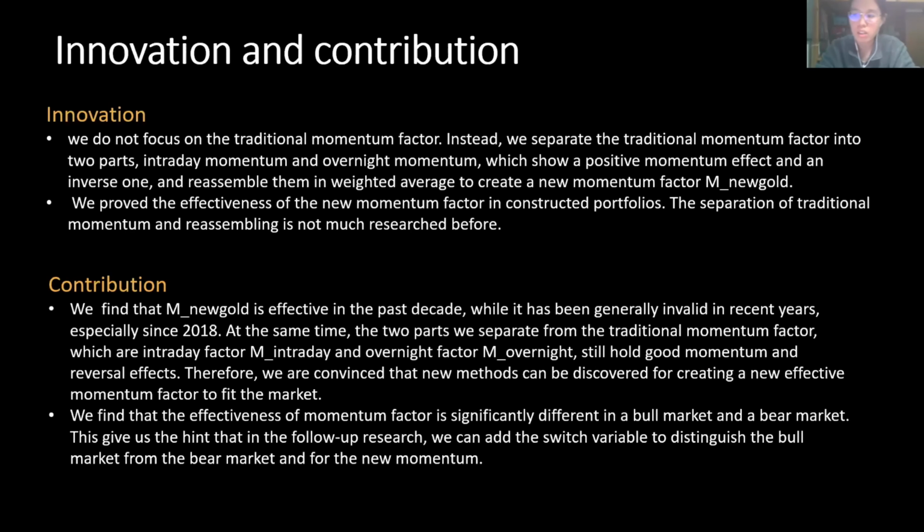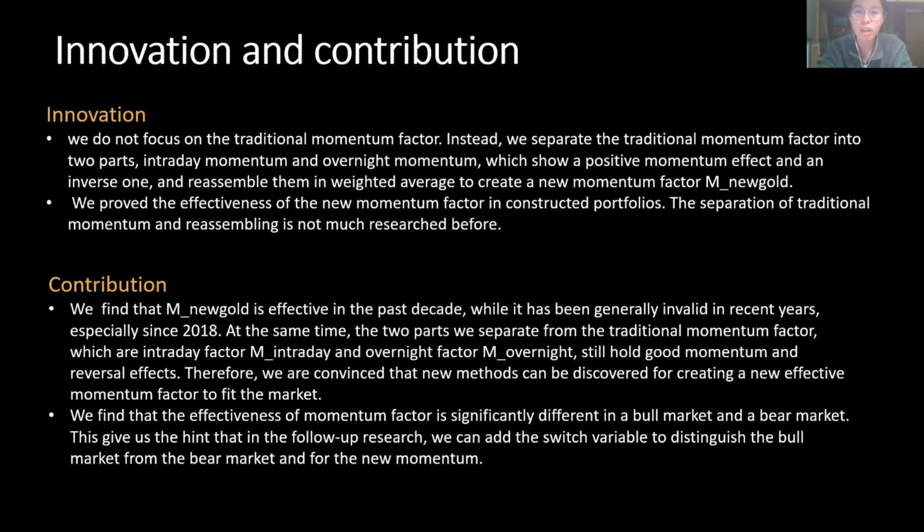The contribution of our research is that, from the empirical results of our model, M new gold is effective in the past decades, while it has gradually become invalid in recent years. At the same time, the 2 parts we separate from the traditional momentum factor still hold good momentum and reversal effects.